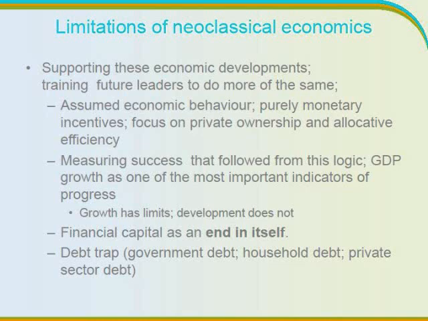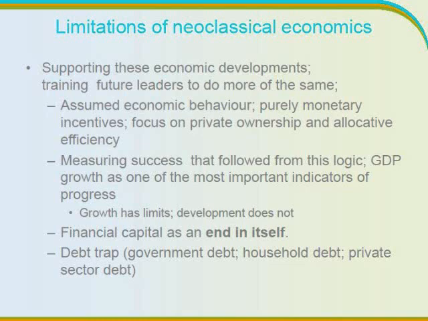So part of the problem is in the assumed economic behavior. Economic behavior with purely monetary incentives. So we're talking about the homo economicus, humans who respond to monetary incentives, and we're separating that from any social variables. And the focus is on private ownership and on very narrowly defined efficiency.